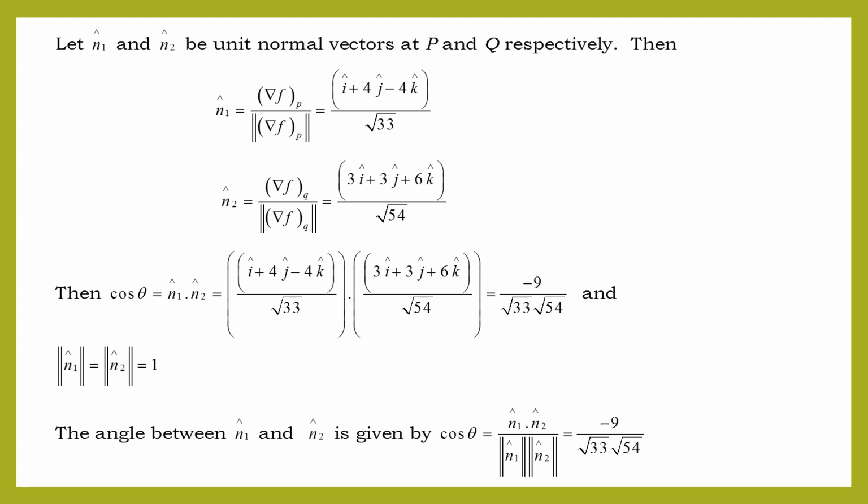Why do we say these two are unit normals? Because these two are unit vectors. That means their magnitude is 1.